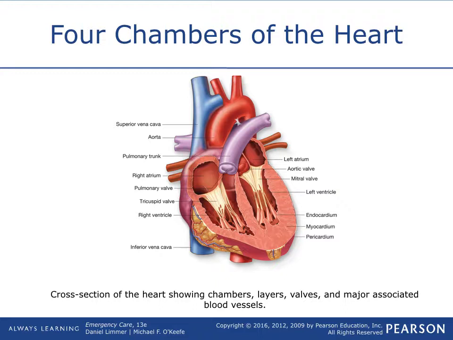Again, you look at this picture and you can see it really well. During the relaxation part, the tricuspid and mitral valves are open. There it is, the tricuspid valve, right there in the middle. So it relaxes and that opens up.